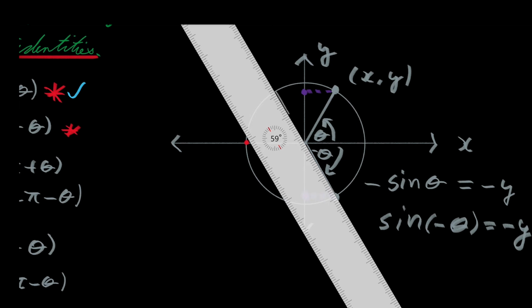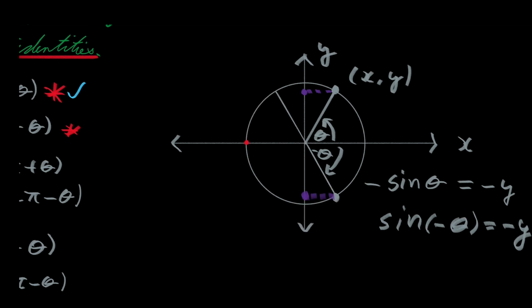So we're going to draw a line from the origin to some point on the unit circle, such that if we measured an angle here, just between the x-axis and that line, this angle would be theta. But if we measured an angle from here all the way to that line, this angle here would be pi minus theta. Okay?